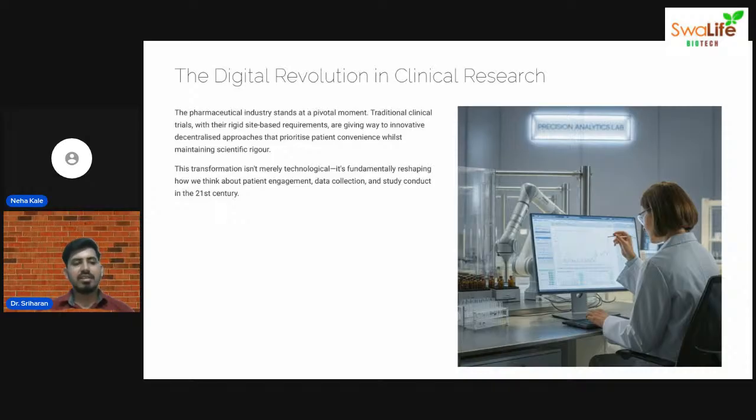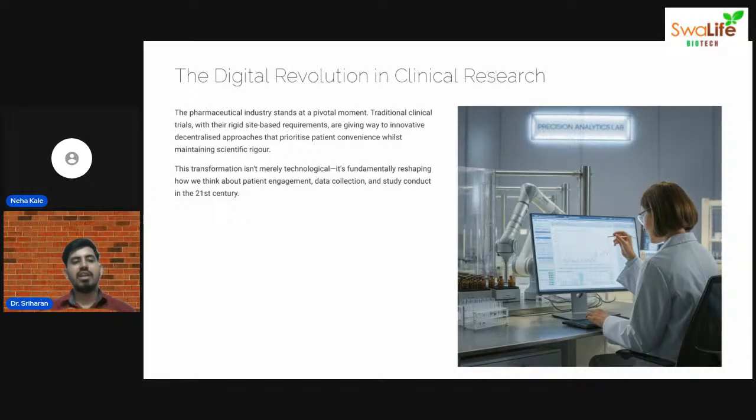Decentralized trial is nothing but, as I said previously if you came to the first class on observational study, we also see a specific focus on decentralized trial as one of the topics. A decentralized trial is nothing but a trial from home.